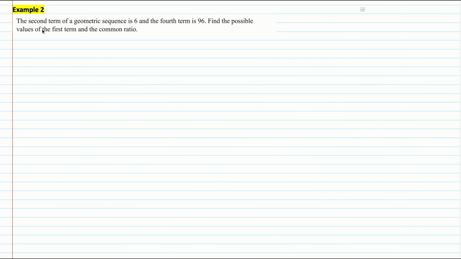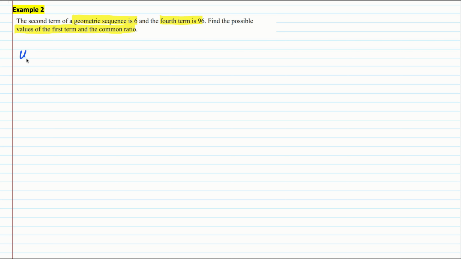In example 2, the second term of a geometric sequence is 6 and the fourth term is 96. You want to find the possible values of the first term and the common ratio. Pay attention that it says possible values, so you're going to have more than one value.